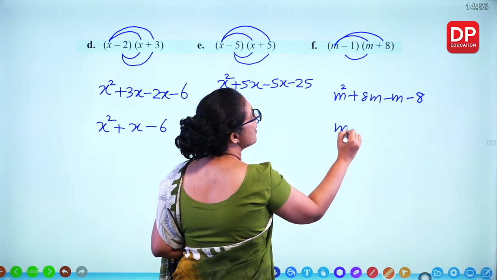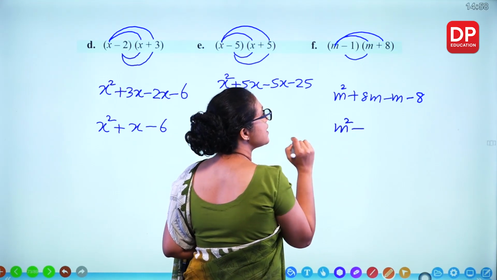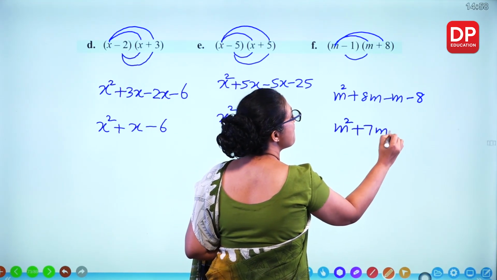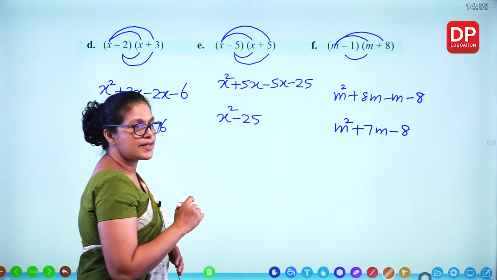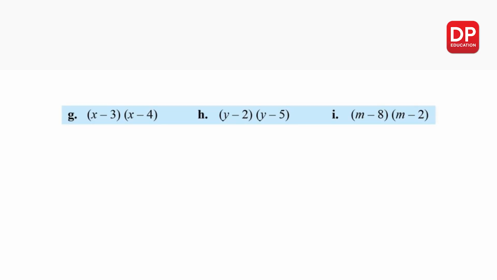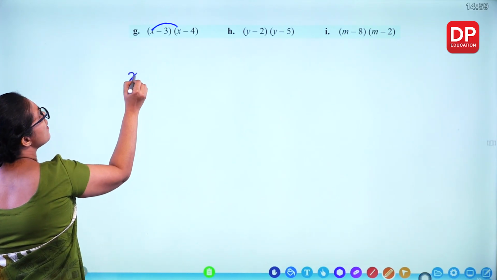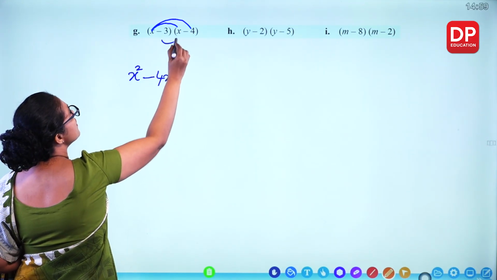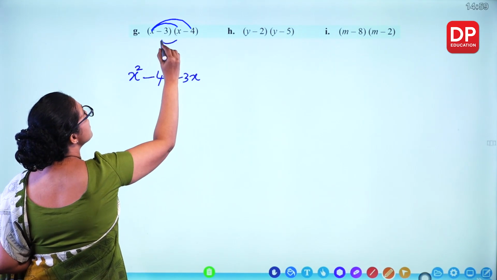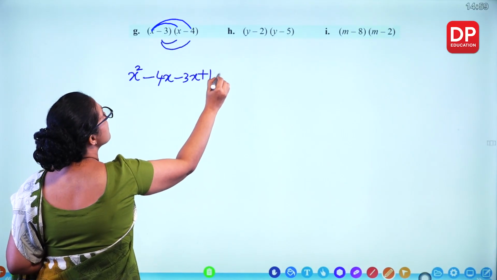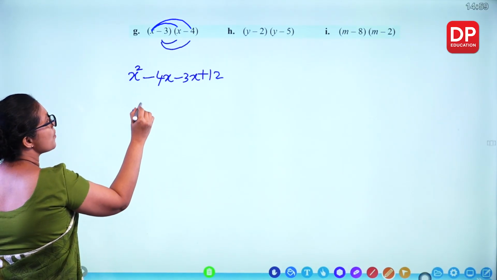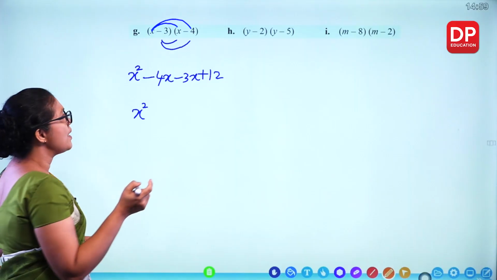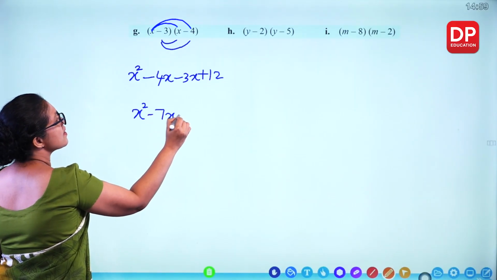So m squared, 8 minus 1 plus 7m minus 8. This one, x squared minus 4x. Then minus 3x and plus 12. x squared minus 4 and minus 3 minus 7x plus 12.